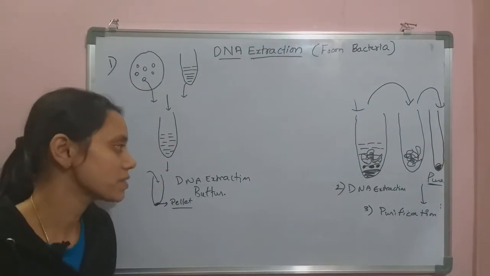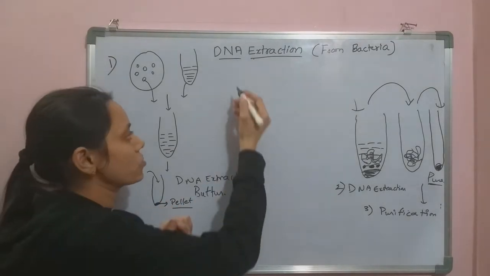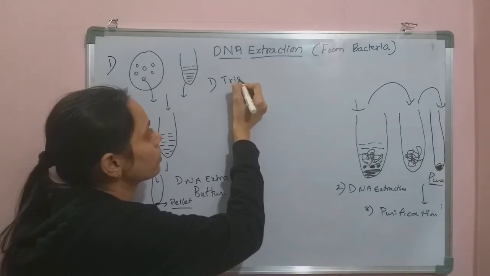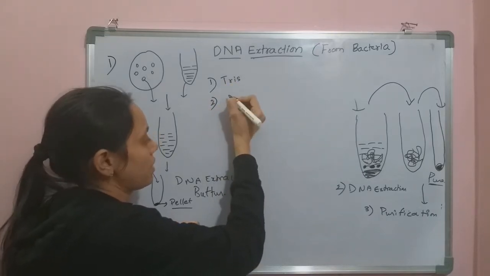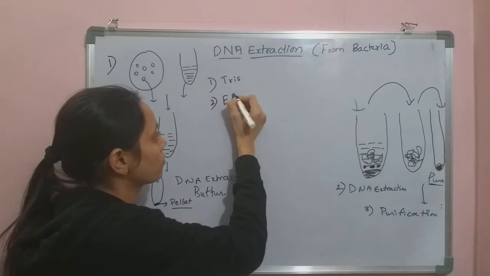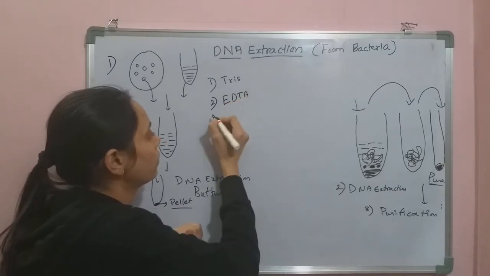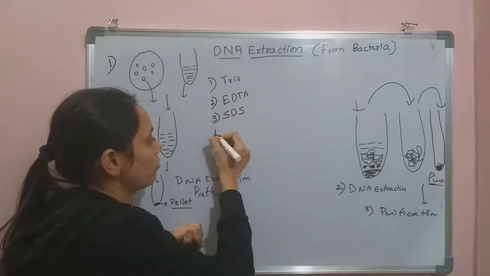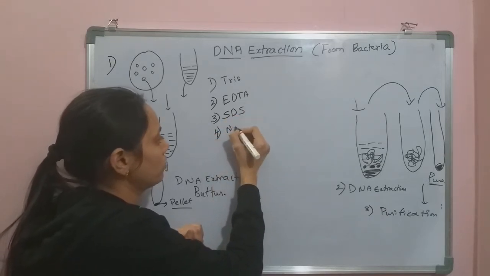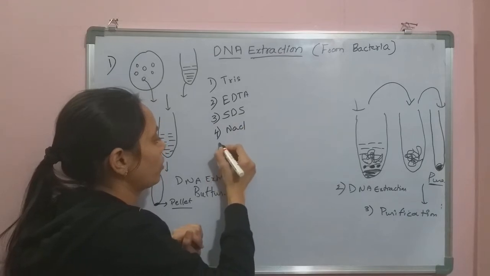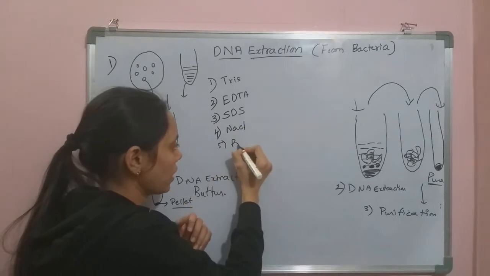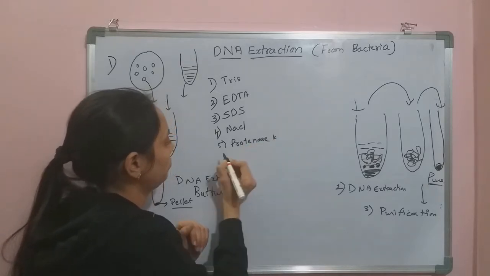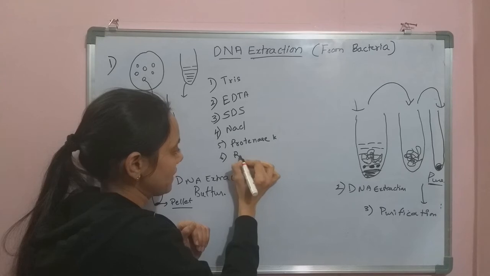Generally the major ingredients in the DNA extraction buffer will be Tris salt, second EDTA, third SDS, and NaCl, and maybe proteinase K and RNase A.